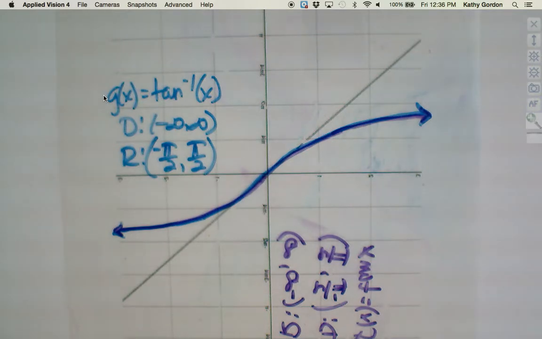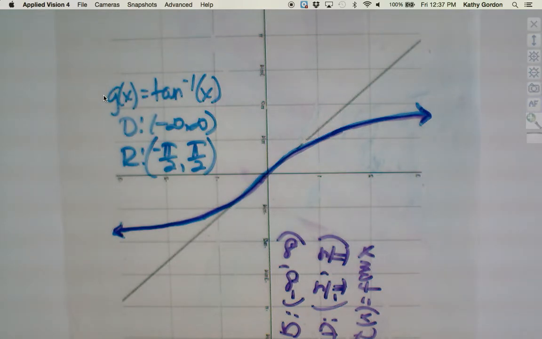So tangent and sine actually end up with the same range. The same kinds of angle answers are allowed for both sine and tangent. It's just whether the endpoints can be included or not. But otherwise, everything in between is the same. So tangent is also a first and fourth quadrant function.